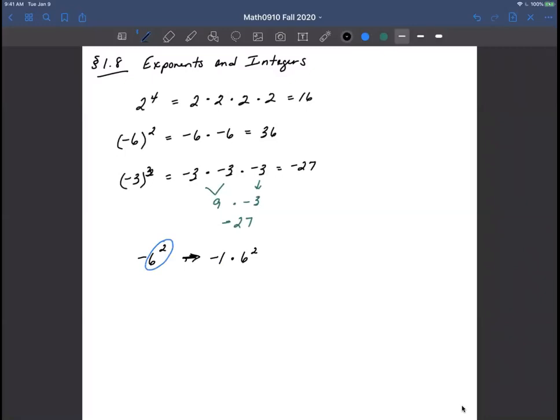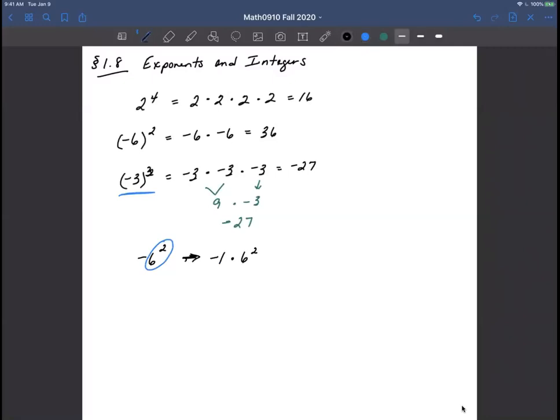In the absence of a parenthesis, which is saying what are you grouping together, the exponent goes with the thing right next to it, right to the left of it. Because these top ones had parentheses around them, it was saying, I want you to group all of that together. But in this case, there isn't anything separating them, so it's just the thing right next to it.